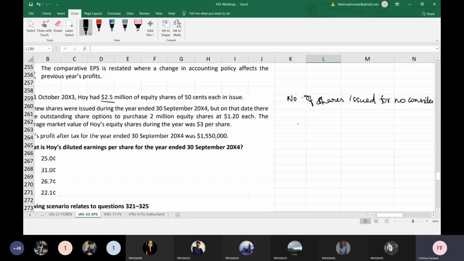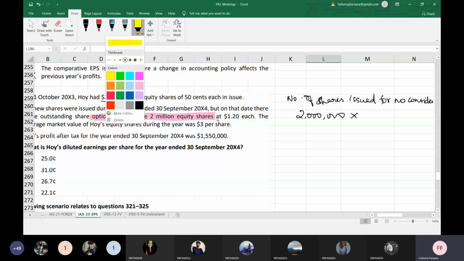How many shares were issued for no consideration? How many options do I have? 2 million. So I'm going to find 2 million into, what is the market value or the fair value of the share? 3.